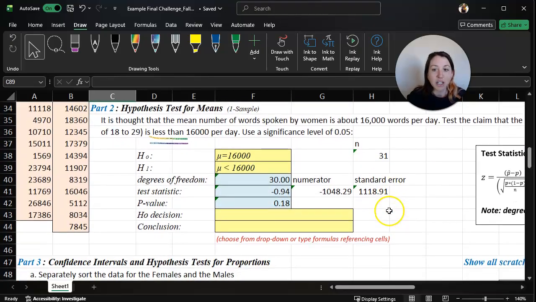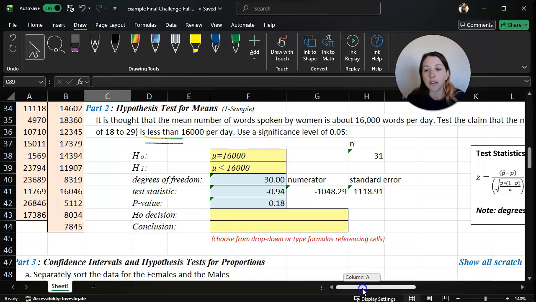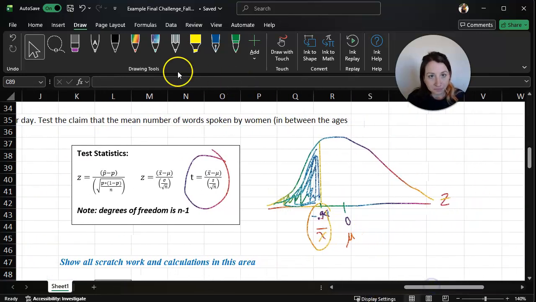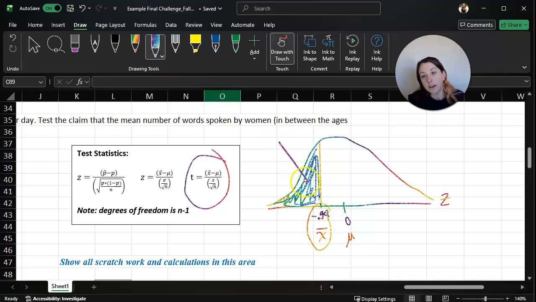Okay, so now we have the significance level and the p-value. To make our decision with hypothesis testing, remember we need to compare these two things. If the p-value is less than alpha, the significance level, that means, I'm going to come over here, this area in here is the p-value. If this were less than alpha, that means alpha is larger, which means it would cut over further in this area.